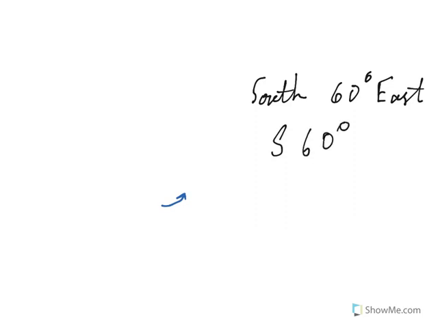Now, in physics, we tend just to use north, south, east and west. So first of all, facing south, turn 60 degrees to the east. We don't have to write too much, so we go south 60 degrees to the east. More often than not in physics, that's what we use.